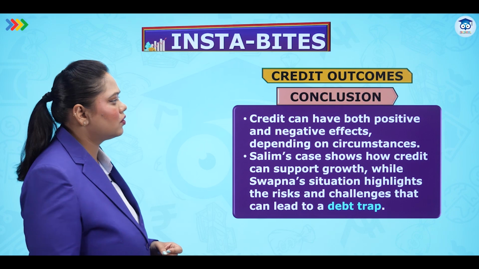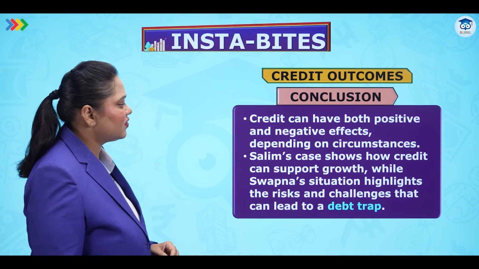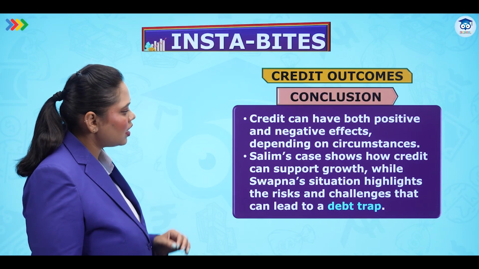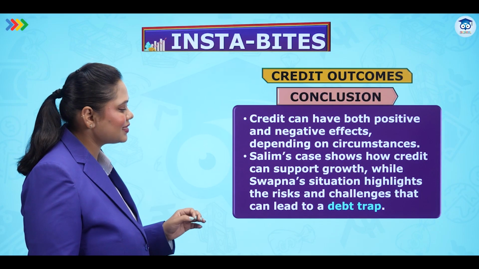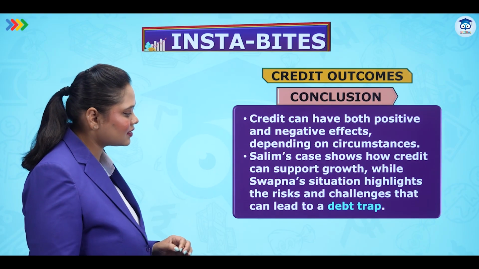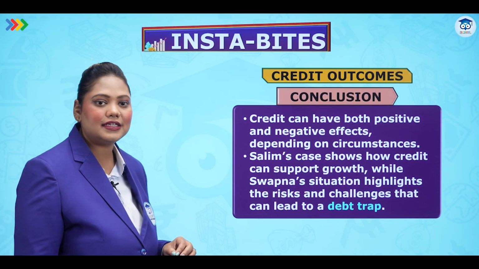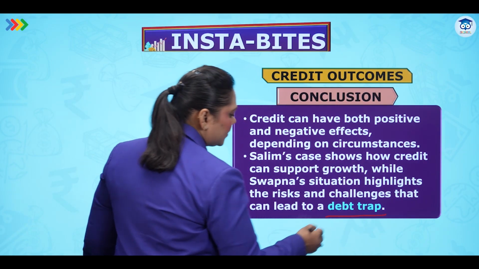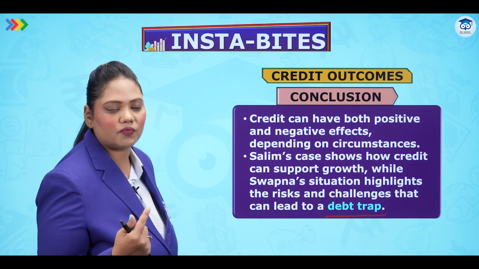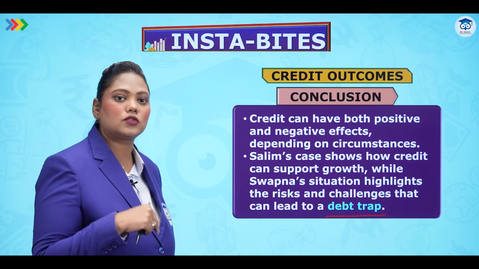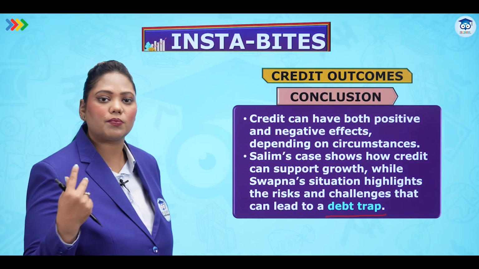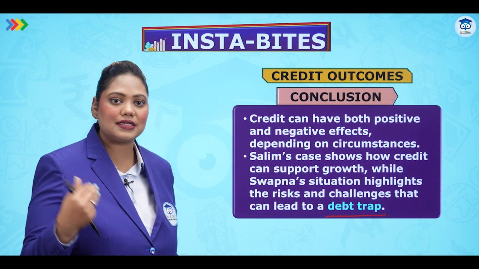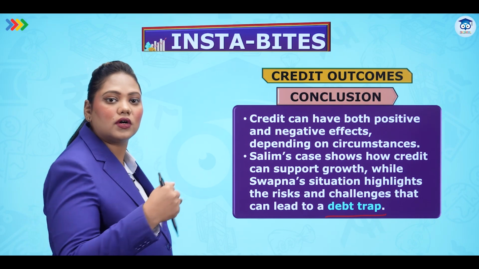Let's see the credit outcomes in the conclusion. Credit can have both positive and negative effects depending on the circumstances. Salim's case shows how credit can support growth, while Swapna's situation highlights the risks and challenges that can lead to a debt trap. So what we have seen in Swapna's case, where she takes one loan, the crop fails, she takes the second loan to repay the first loan, she takes another loan to repay the second loan, and even if the next year her crop is good, she already has earned very less amount compared to her repayment.